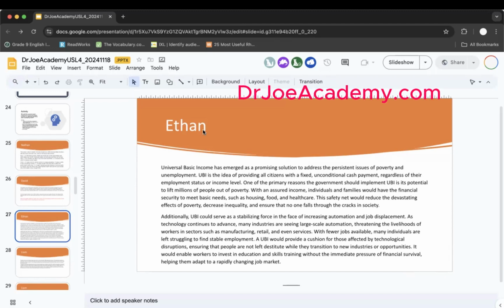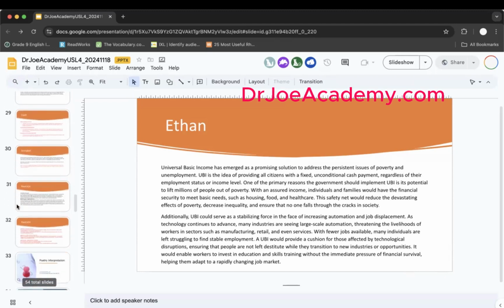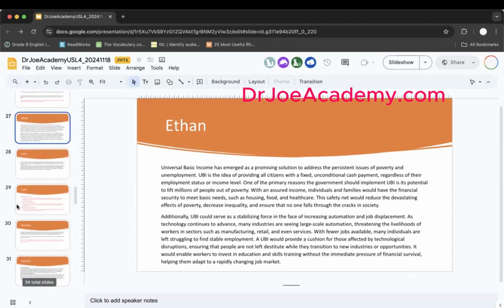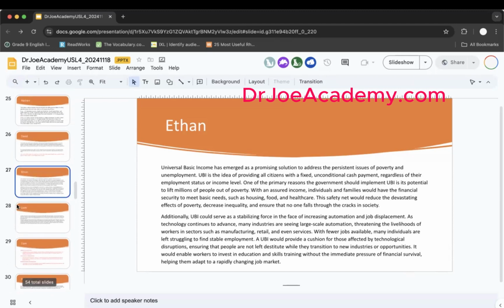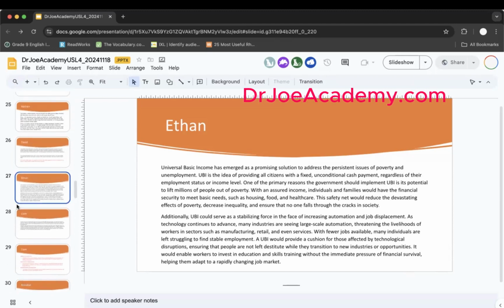With fewer jobs available, many individuals are left struggling to find stable employment. A UBI will provide a cushion for those affected by technological disruptions, ensuring that people are not left destitute while they transition to new industries or opportunities. It would enable workers to invest in education and skills training without the immediate pressure of financial survival, helping them adapt to a rapidly changing job market.